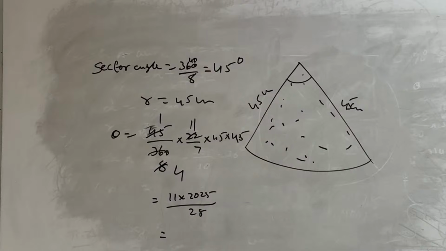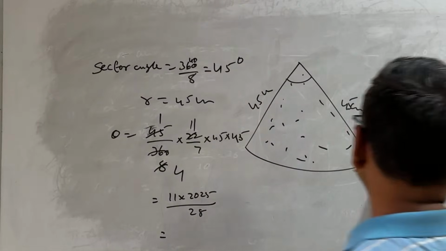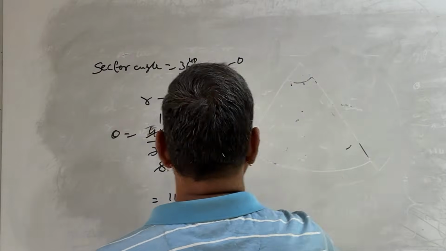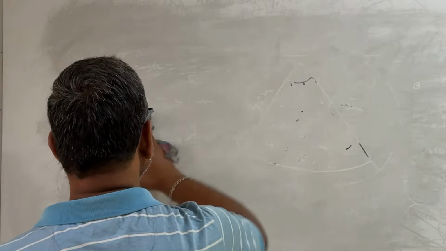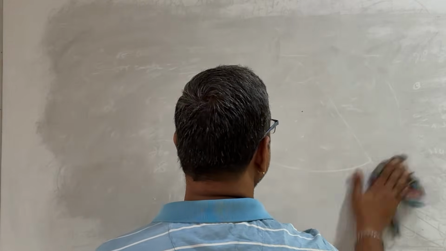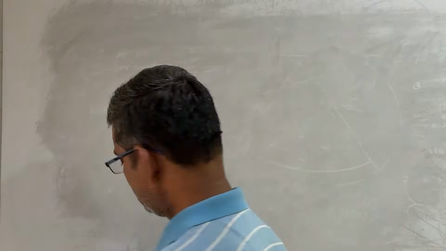Next question. A car has two wipers which do not overlap. Each wiper has a blade of length 25 centimeters.